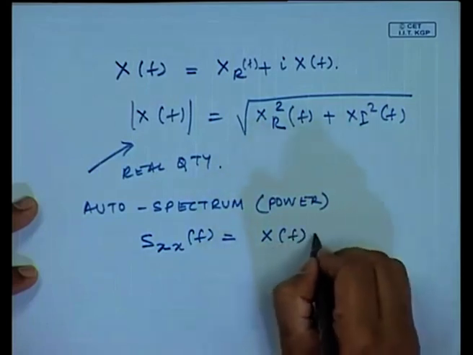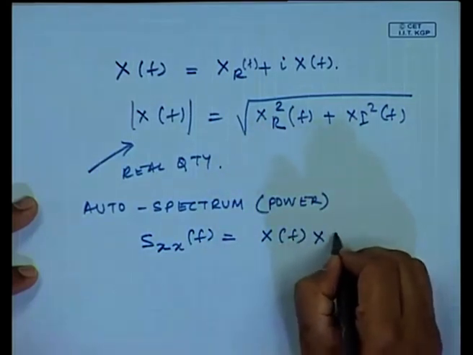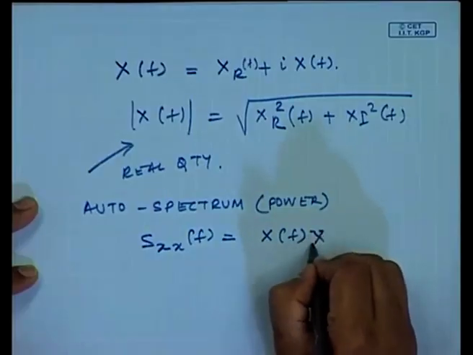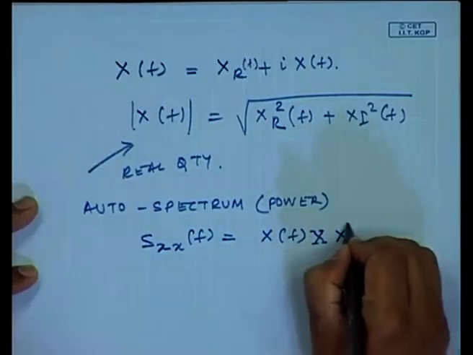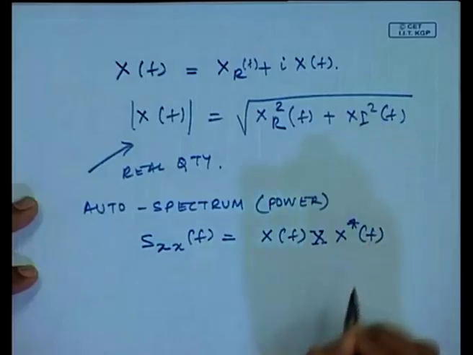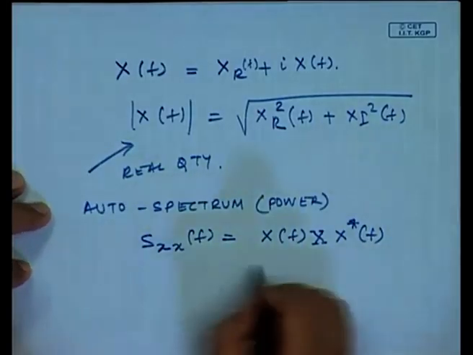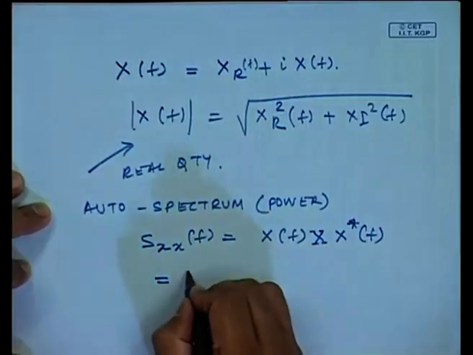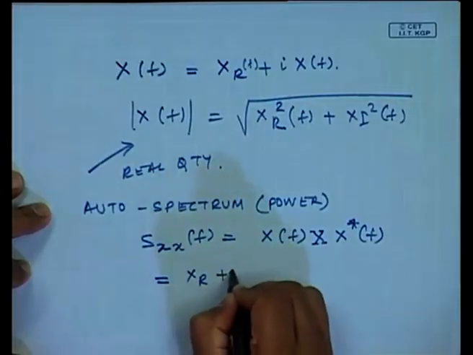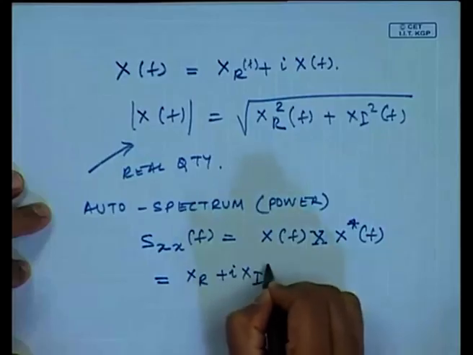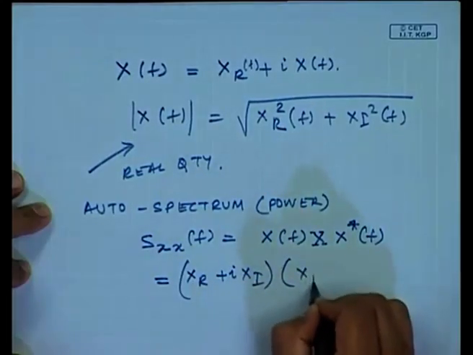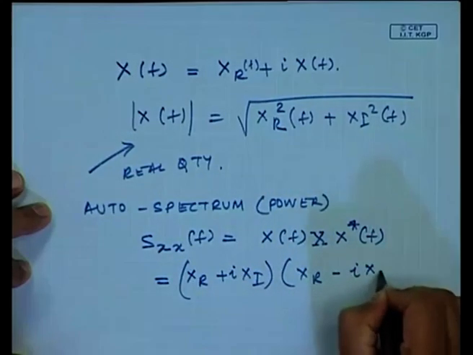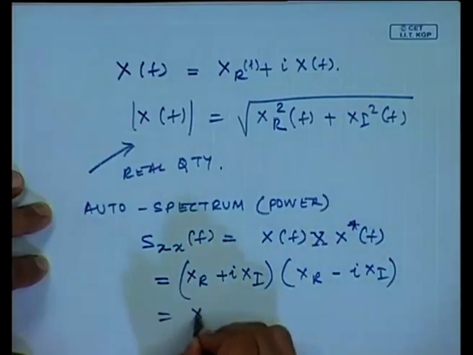It is the FFT of the signal multiplied, be careful, this is a multiplication, by its complex conjugate. So, this will boil down to, if I use the real and imaginary notation, (Xr + i Xi) times (Xr - i Xi).